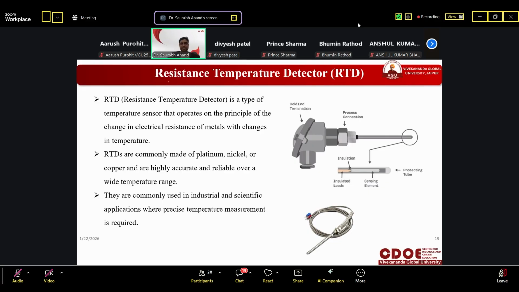detector we have is the resistance temperature detector, in short RTD. Resistance temperature detector means we have to detect the temperature. The best example is PUC, the pollution check we get for a vehicle. The PUC van is there on the roadside.